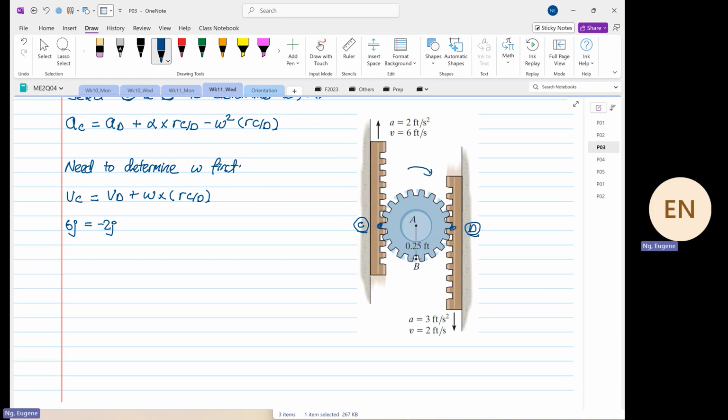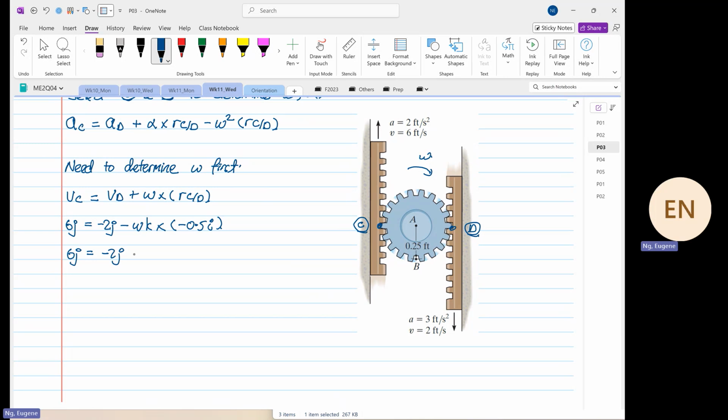And this is the omega that we assume it to be. So it's equal to minus omega K cross R C from point D, so it's minus 0.5 I. So we have 6J is equal to minus 2J. K cross I is positive, right?